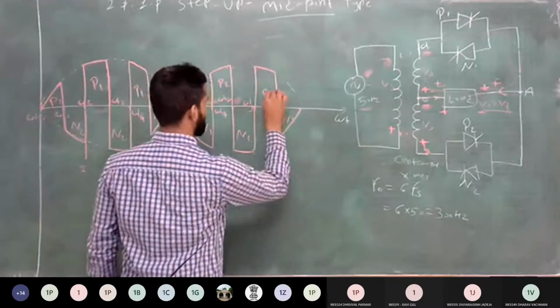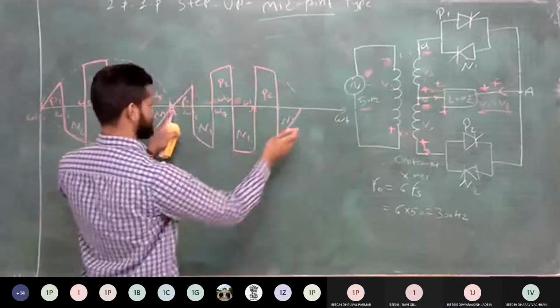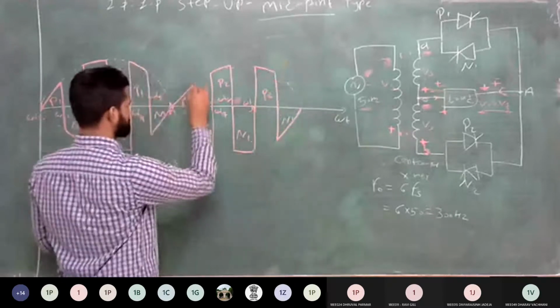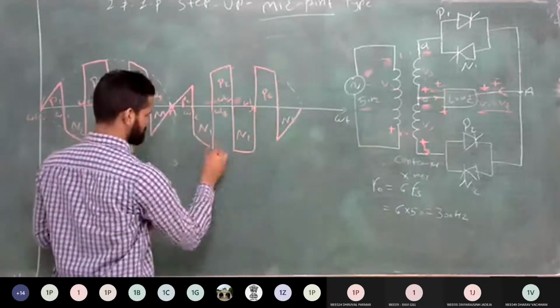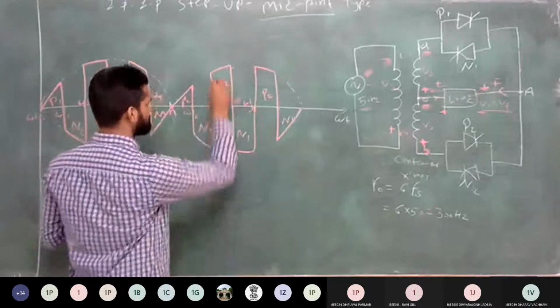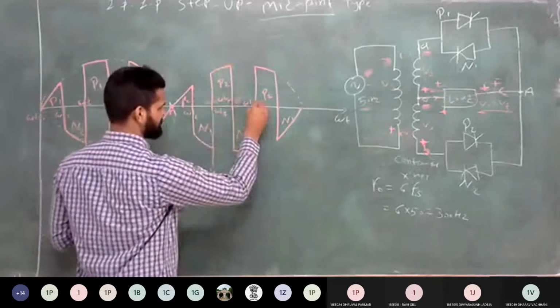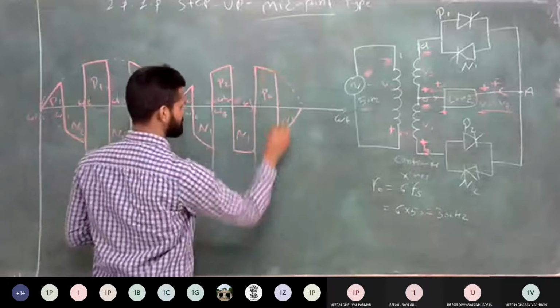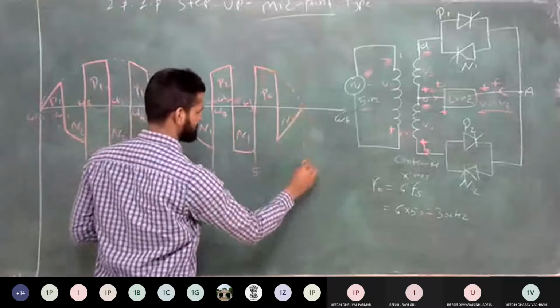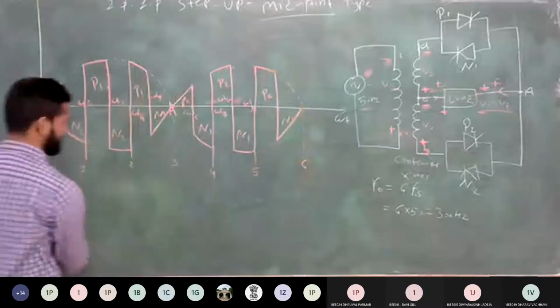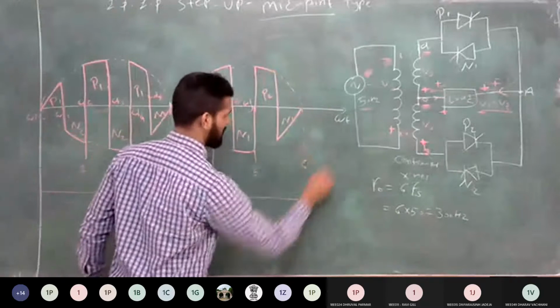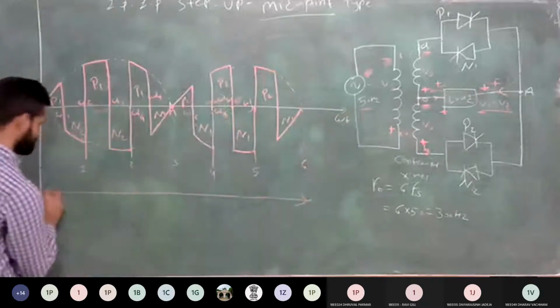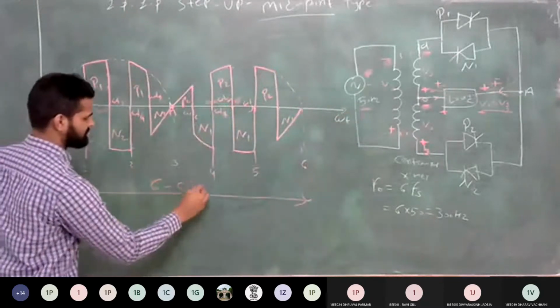So now we can see how many cycles we have completed, in the same way here, positive and negative. This is the fourth cycle, positive and negative, we have completed, so this is the fifth cycle, positive and negative, so complete the sixth cycle. So you can see that in one cycle of your 50 Hz supply, I get six cycles.